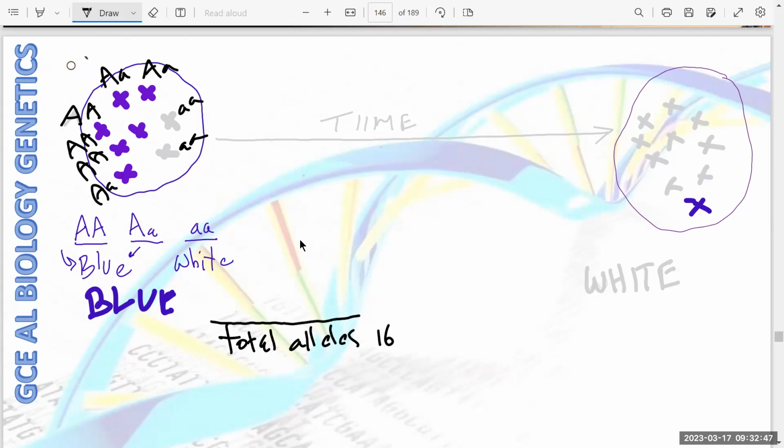Then how many alleles for blue color? How many capital A's? 1, 2, 3, 4, 5, 6, 7, 8, 9. It's 9. Then for small a's, it should be 6.